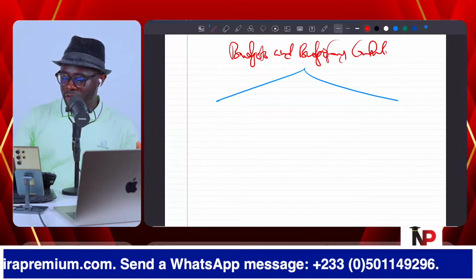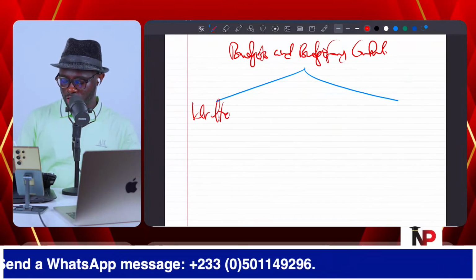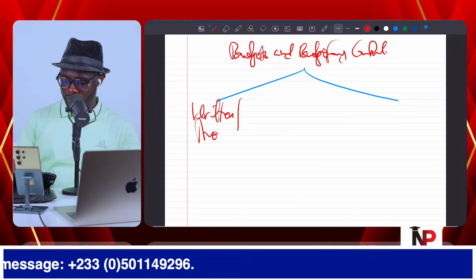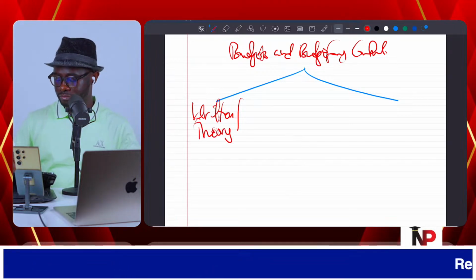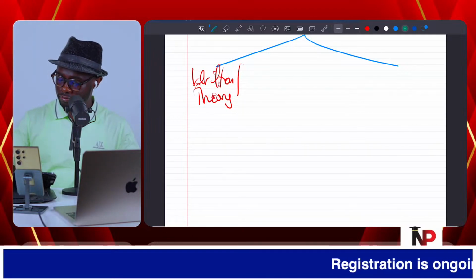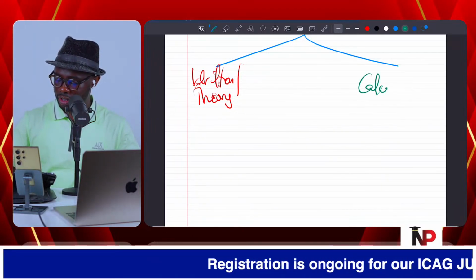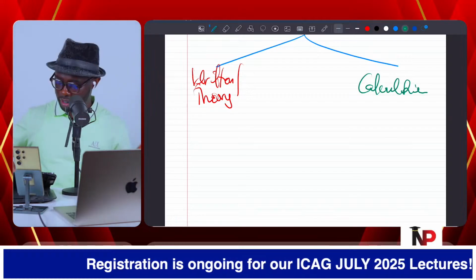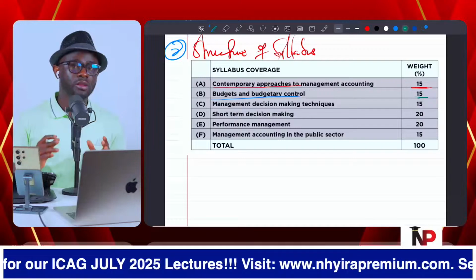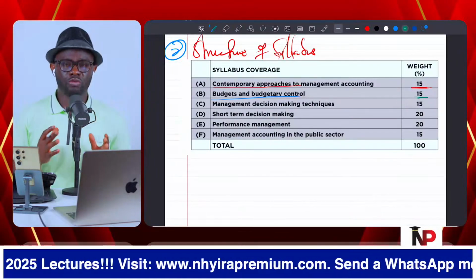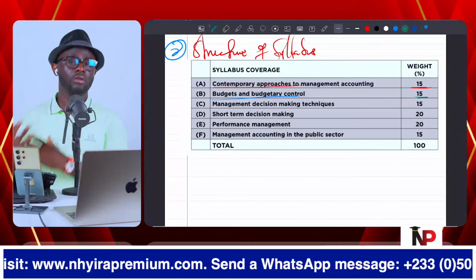We have the written part, which is a couple of theories, and there are a lot of them here in management accounting, in budgeting. And then the calculation part. Stay with me. Based on the syllabus weighting, that is also 15%. So we expect to have a 15-mark question on budgeting.